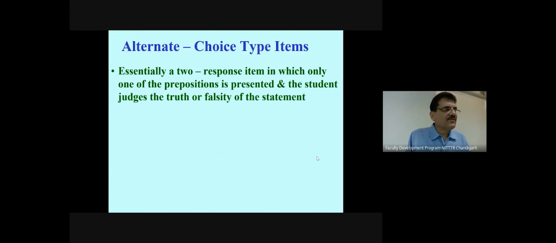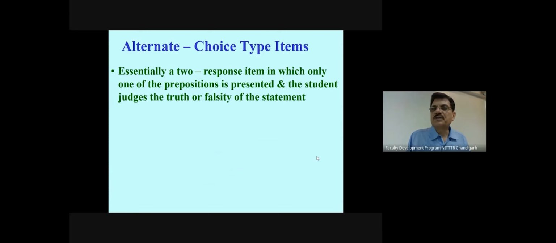Now moving to selection type item. Firstly, the alternate response, then I'll ask for the multiple choice, and finally the matching type items. Alternate choice type item.